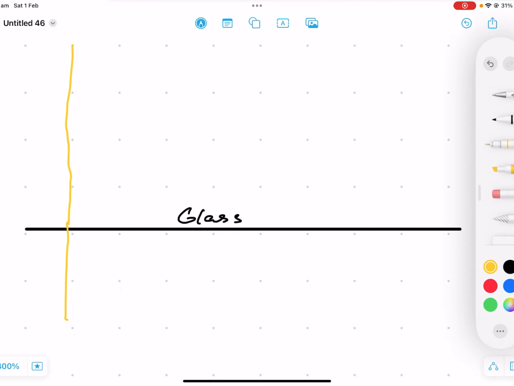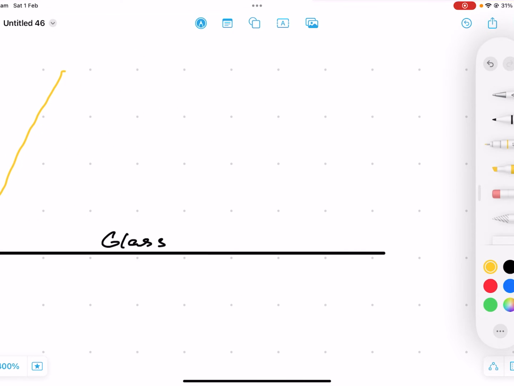If you shine the laser at a slight angle, let's say all of this is glass, you'll see that the light changes direction slightly. I'll talk about this some other time. But what happens is some light is also reflected back here. Only some, very little.